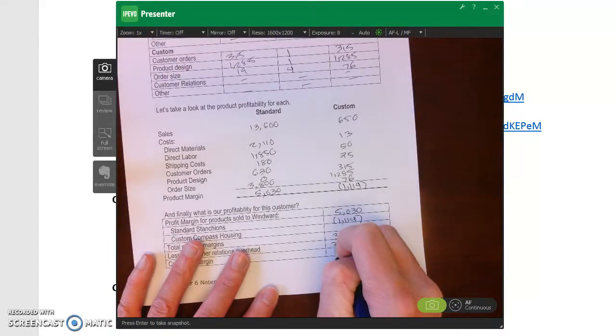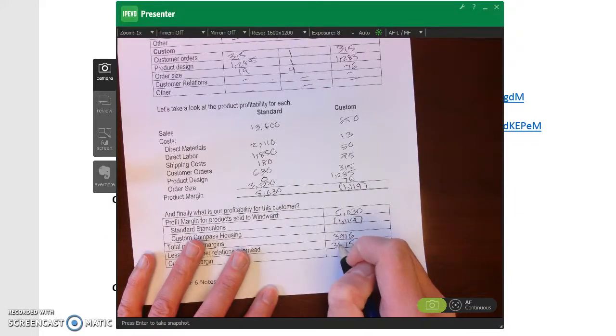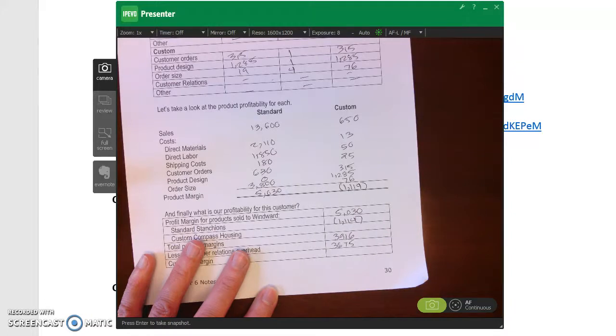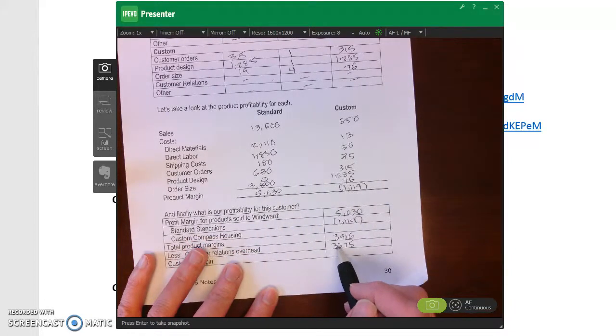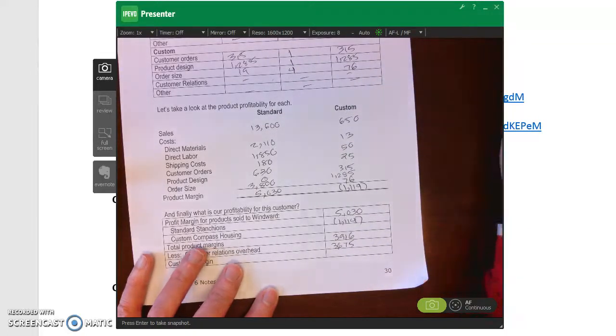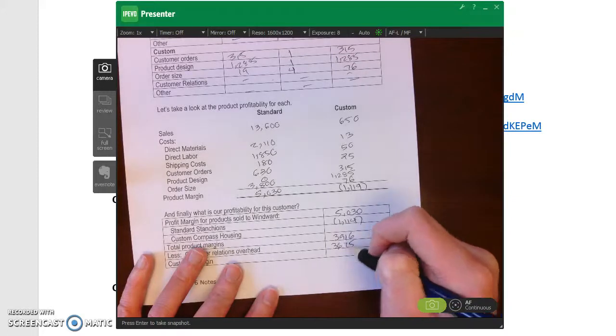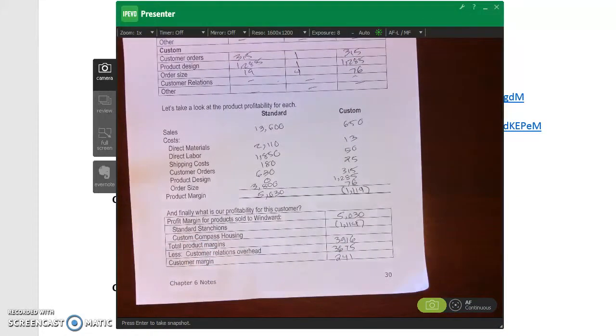Remember, this is one customer that placed 2 separate orders. That's why we do this at the customer level, because it's one customer who placed 2 separate orders. So this is at the customer level. So we can't push it down to the product, because it doesn't make sense. It's at the customer level. So now when we subtract the 2, we get $241, which is our total customer margin.